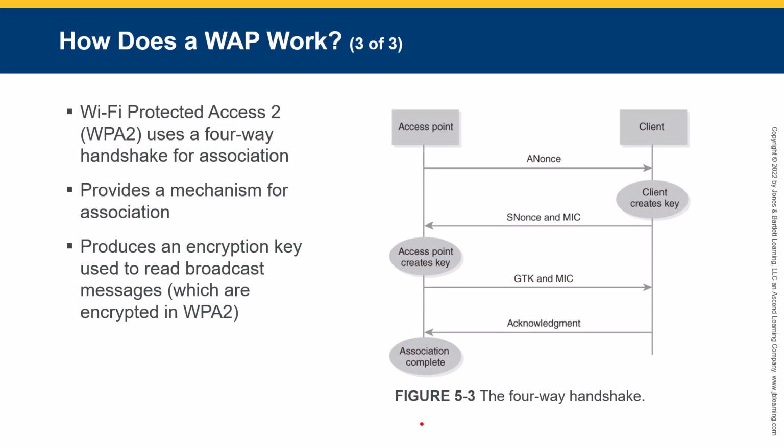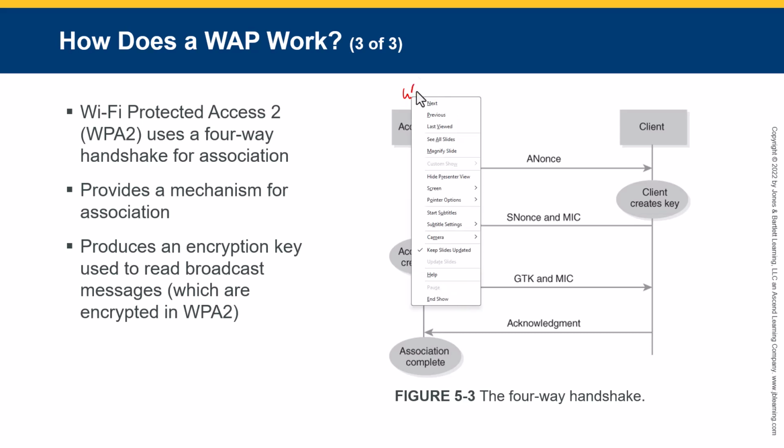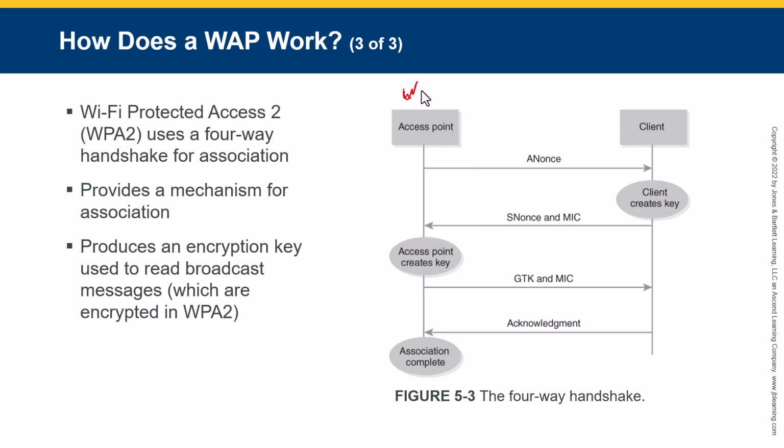Here we have our traditional 802.11 variation with WPA2. So, WAP and client. We have an ANonce, and the client will receive it, will process the key, and will send back the SNonce and a MIC back to the access point.